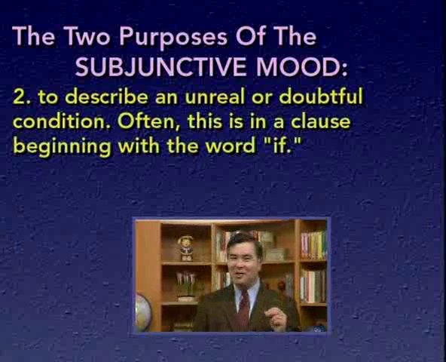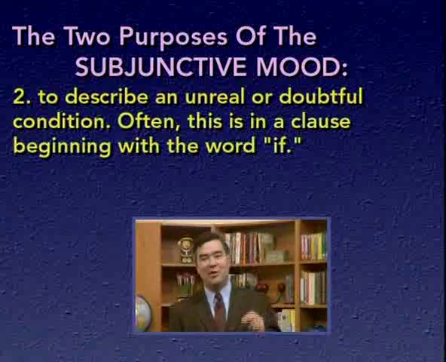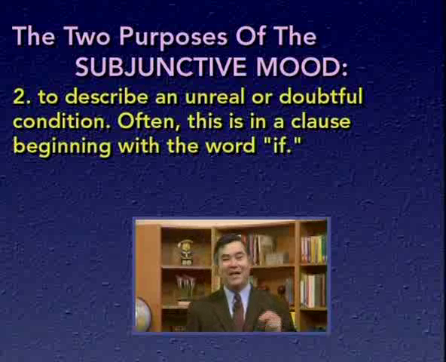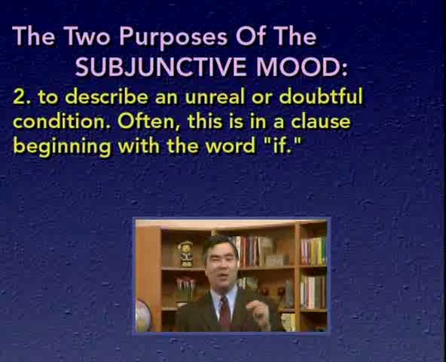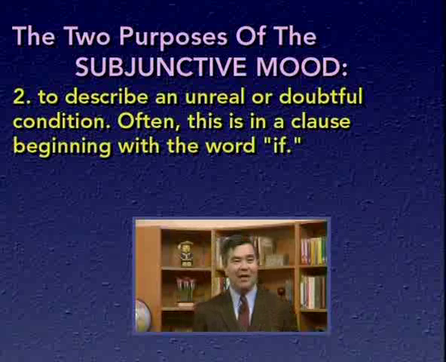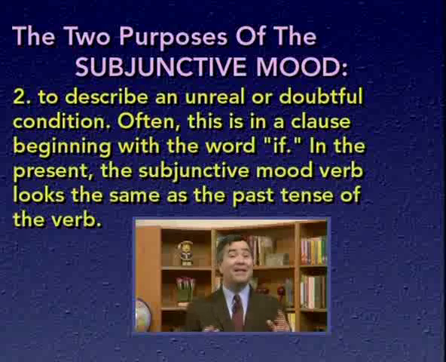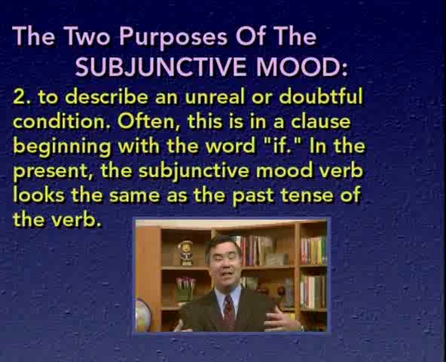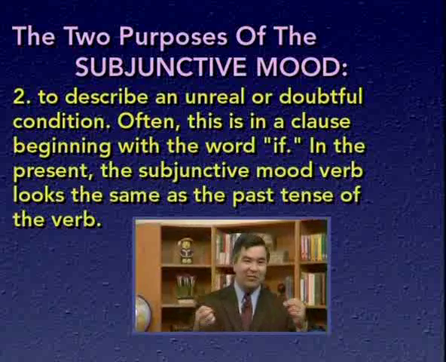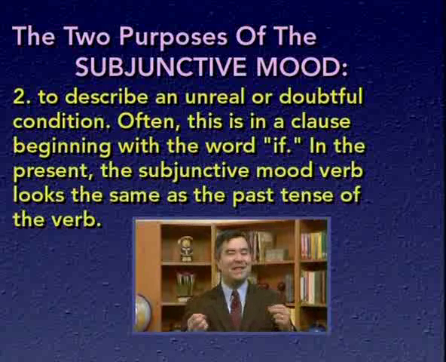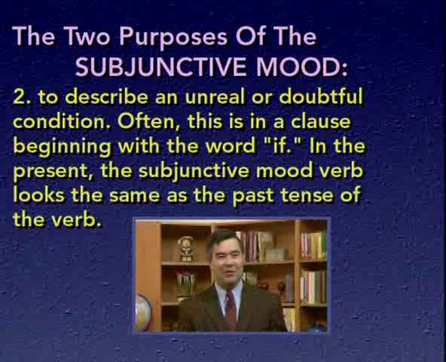Now, there are 2 possible ways to form the subjunctive mood of the verb under these conditions when we're describing an unreal or doubtful condition. Here are the 2 ways. First, if we're talking about something happening now, in other words, in the present, then the subjunctive mood verb looks the same as the past tense of the verb.